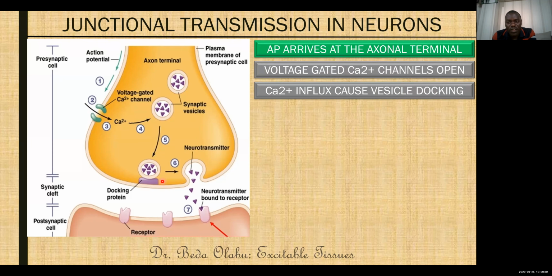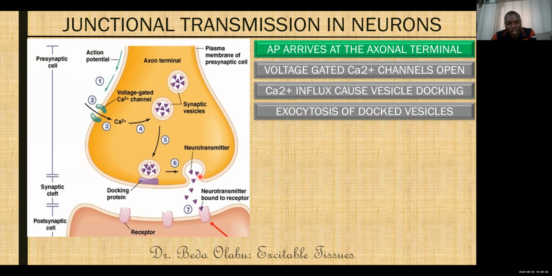Once the vesicles have docked, then they will release their neurotransmitters, their contents, into the synaptic cleft through the process of exocytosis. The neurotransmitters within the cleft can be degraded, can go back to the original cell, or can go back to another cell.